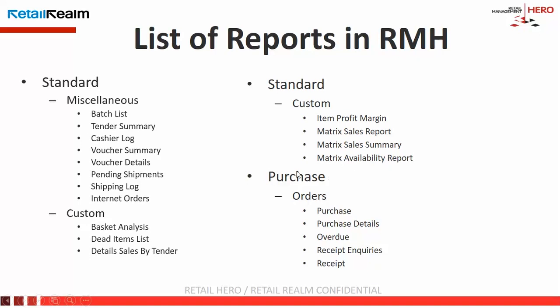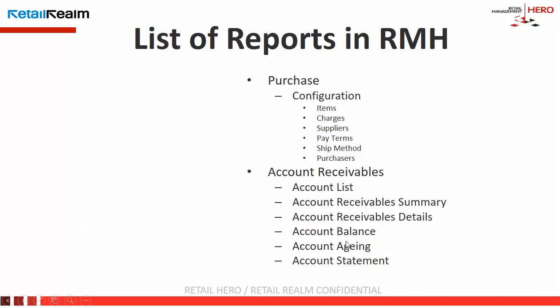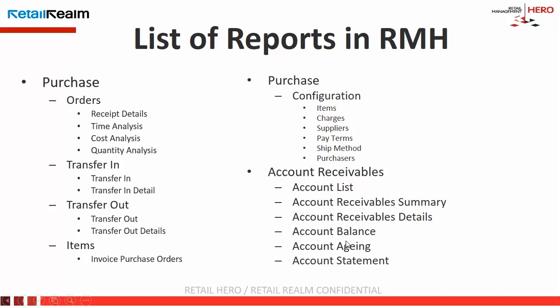Then we also have reports around our purchase order modules. RMH has the purchase order planning module and all the reports around that, so purchase details, overdue, and so on and so forth. Then we also have account receivable reports. RMH has the account receivables module, and you can run those reports from the account receivable section in reports.